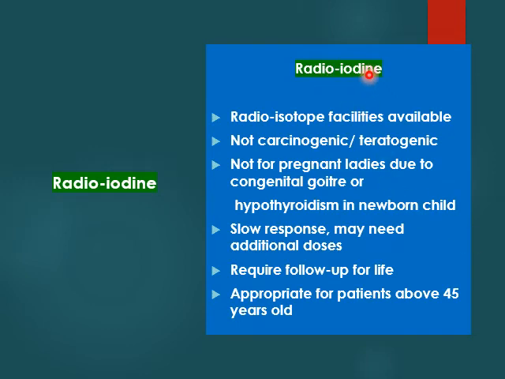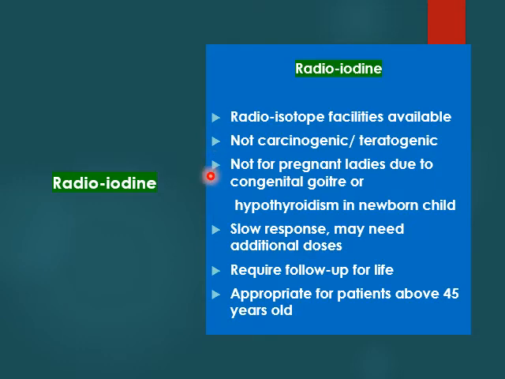Okay. Radioiodine is another mechanism which is becoming more widely used these days. Radioisotope facilities must be available for this treatment. It is not carcinogenic or teratogenic when used in right doses and for the right age patient.